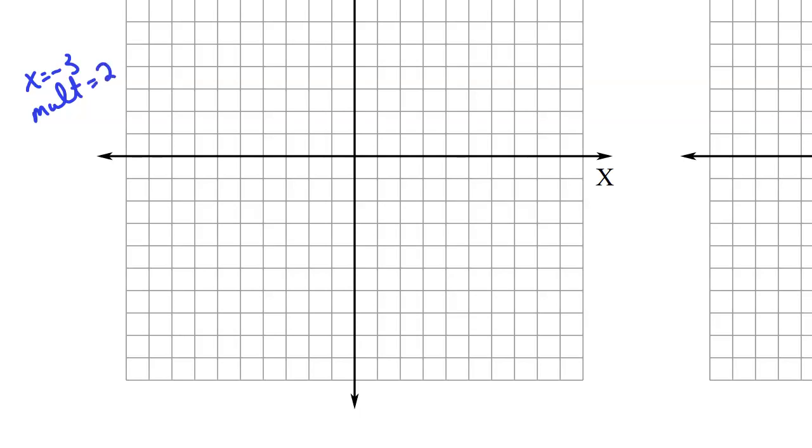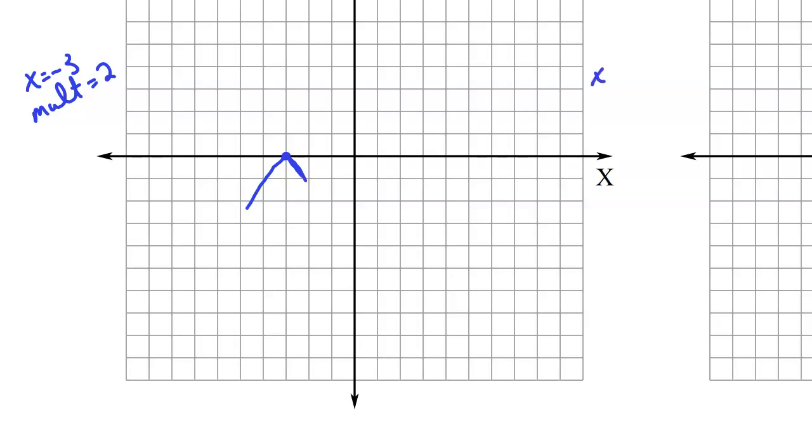That means here at negative 3, you're going to go through that door twice. So you come up to that door, you go through it once, and then you go back through it. So you're back on the same side.